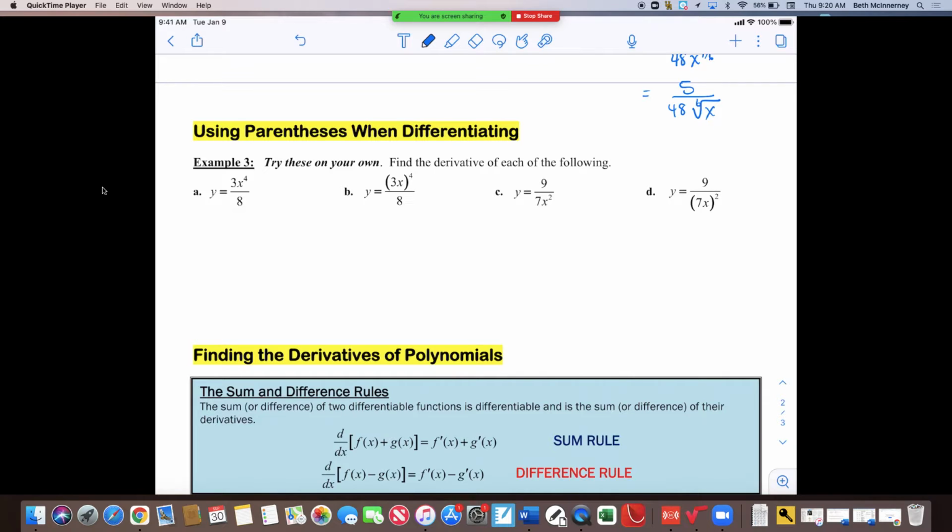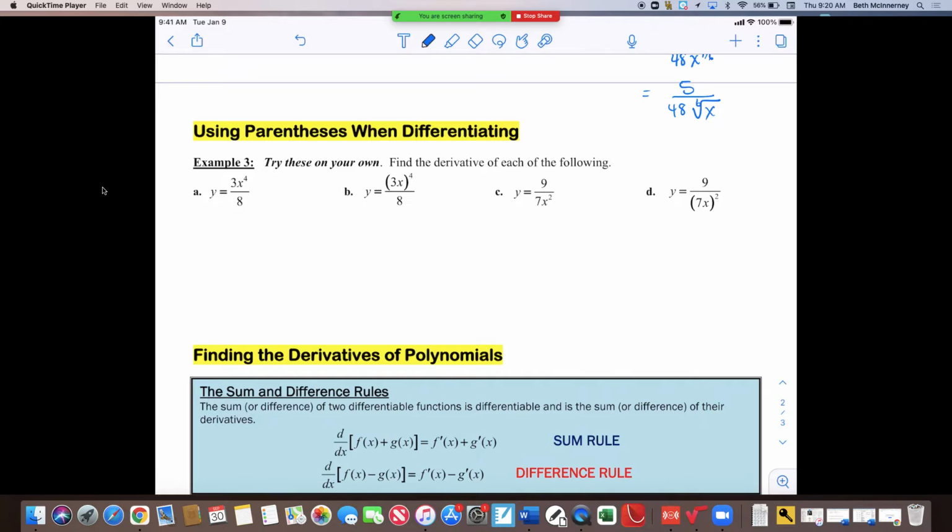So the first step is 1/8. So is it 1/8 times the x to the 4? I got that. It's just divided by 8. Okay, yeah. So then, you 3 to the 4.